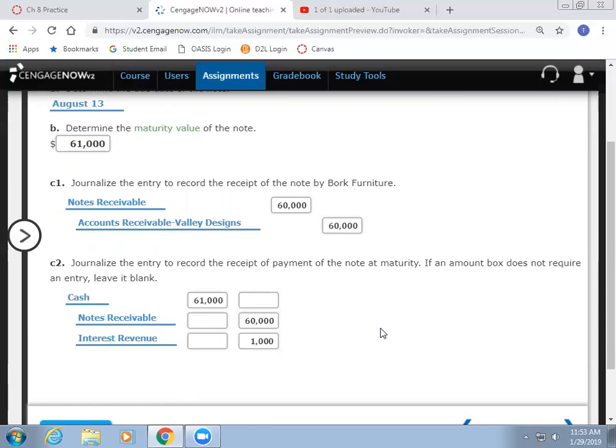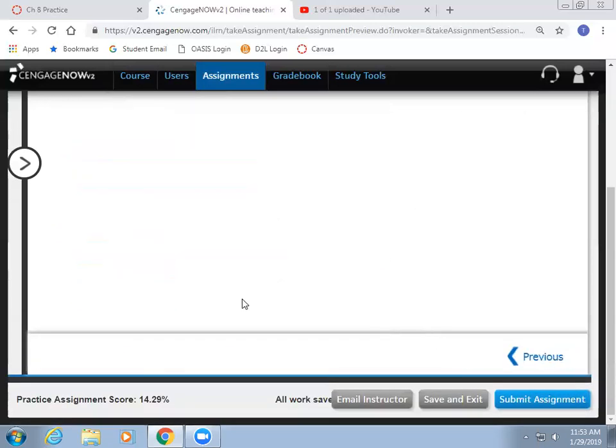So that's why we always multiply it by the time. So basically a third of a year, right? So they're owing us 1/3 of a year of interest. Any questions on calculating maturity dates or values or journalizing that? Okay. Well, let's go to the last example.